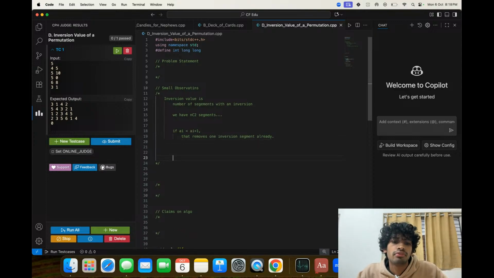So okay, if k equals nC2, it must be decreasing, right?